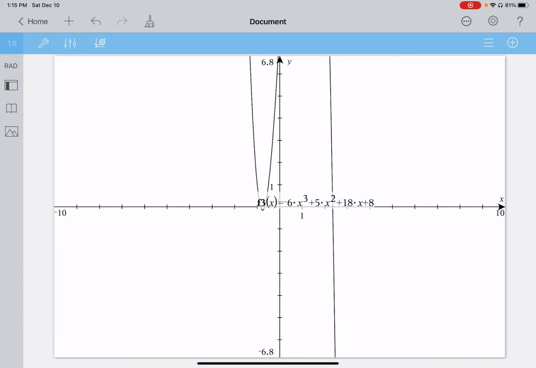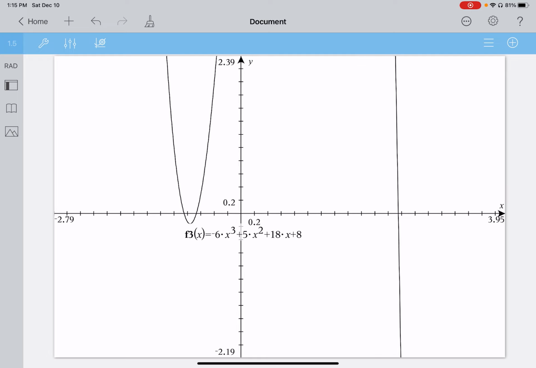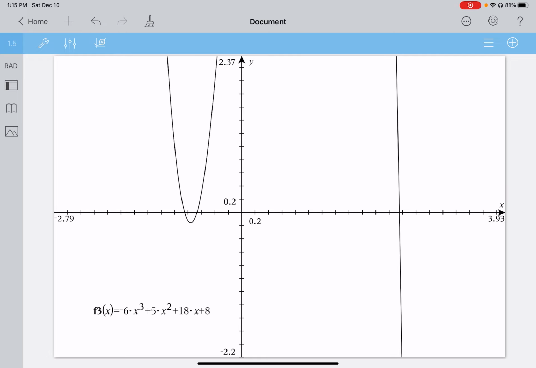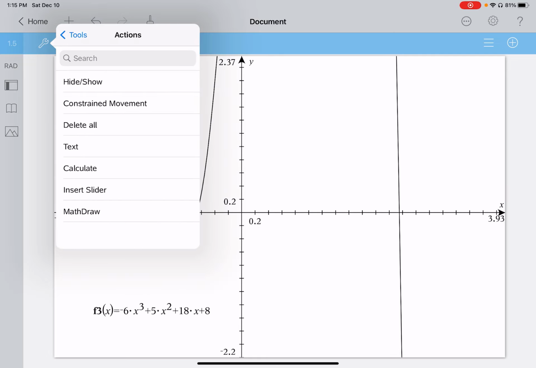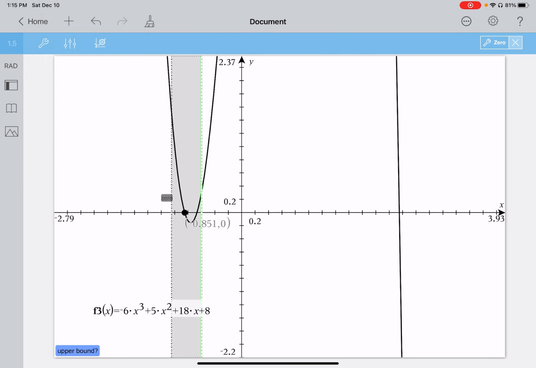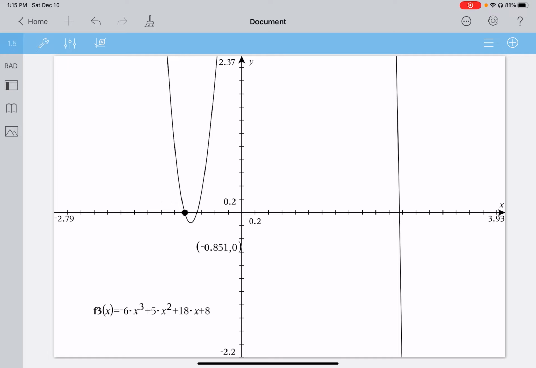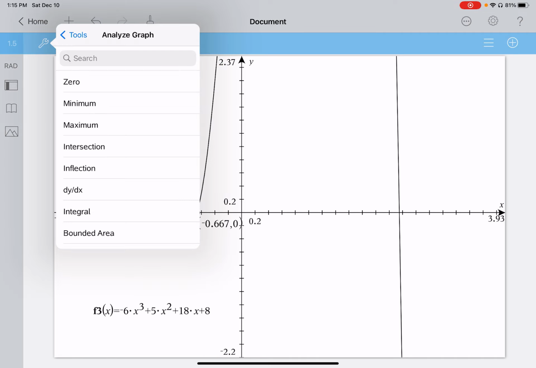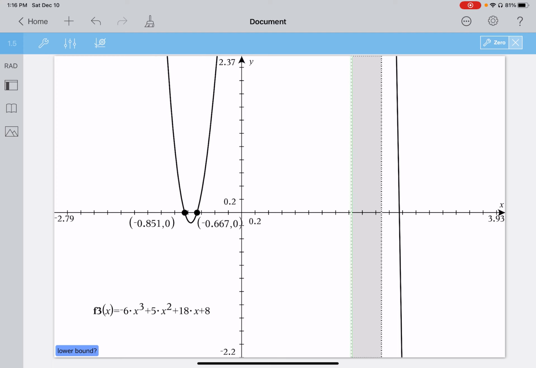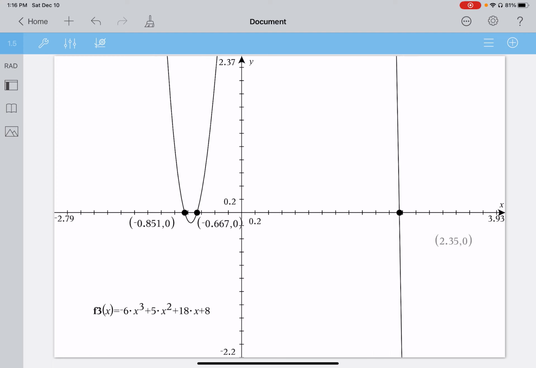Okay, and this is what we get, and you can zoom in so you can see that there are 3 zeros. So let's start analyzing those. So menu, analyze, zero. So the first one is at negative 0.851. Let's find the middle one, negative 0.667, and then the last one is 2.35.